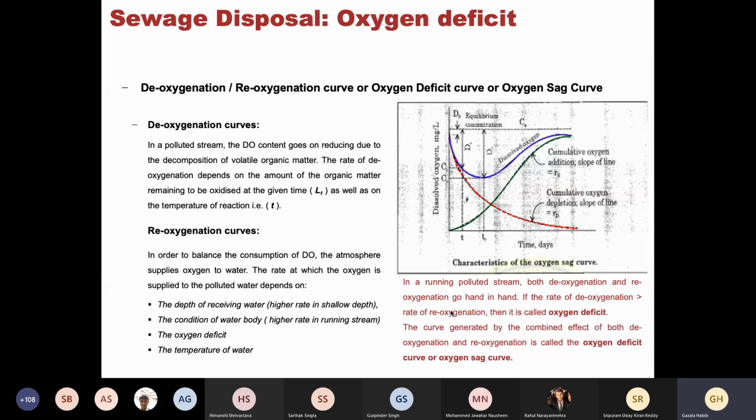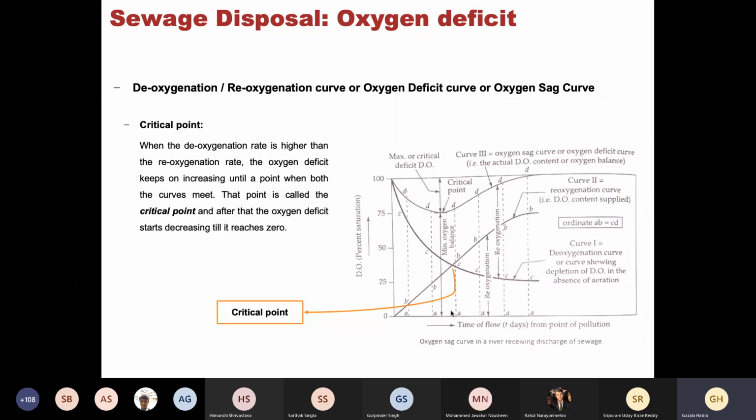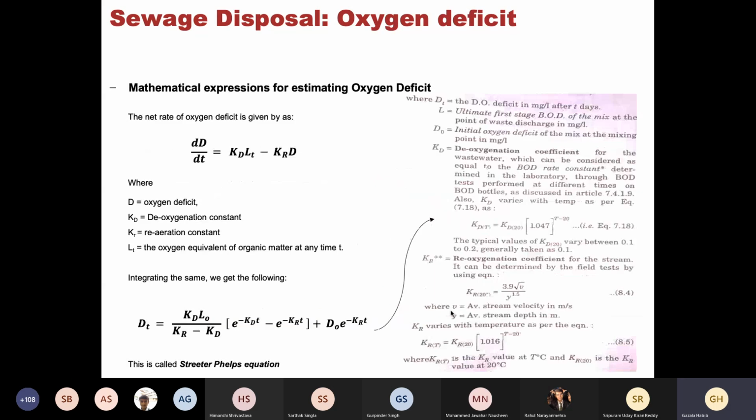Even during the disposal, these values should be monitored in the river, so that it should not exceed the maximum permissible limit. So this is the critical point I have already explained to you. There are some formulas where we can determine the oxygen deficit rate with respect to time.